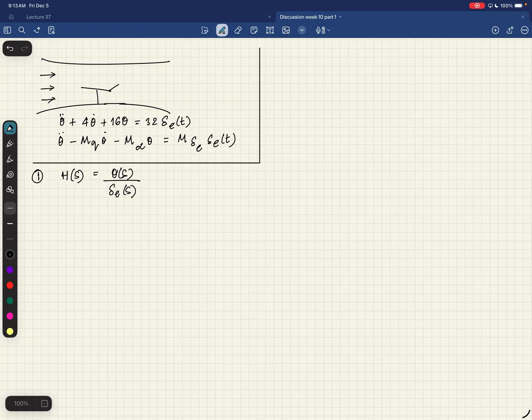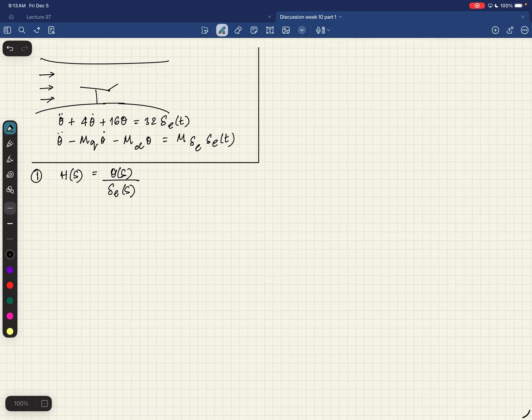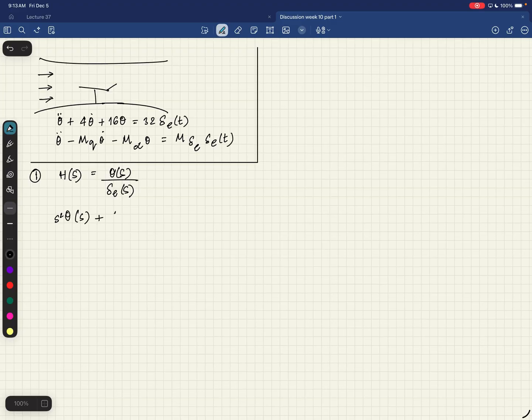We take the Laplace transform of the differential equation that we have. So it becomes s squared theta(s) for theta double dot plus 4s theta(s) plus 16 theta(s) equals 32 delta e(s).